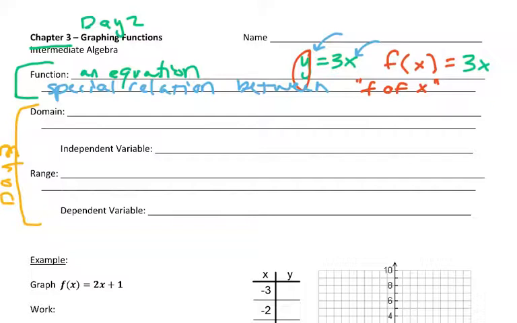So, special relation between inputs and outputs. But for today, we're just getting that idea of function, the idea that we're going to pass on this y as what equals an equation, and we get to move on to this f for function, okay? And that there happens to be a special relation that we'll go over in the next day.